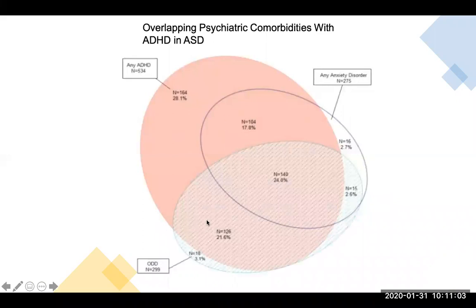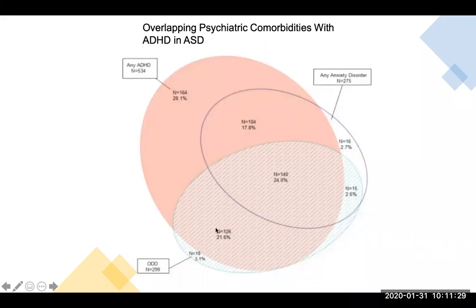This one is oppositional defiant disorder, and the clear one is any anxiety disorder. And you can see that 24% of all these kids had the three of them. They have oppositional defiant disorder, anxiety, and ADHD. And then you can see that 17% kids had ADHD and anxiety.